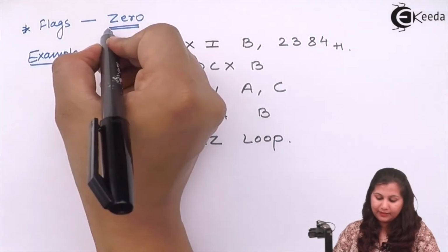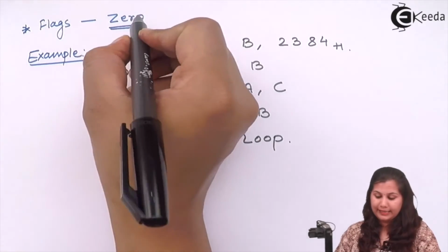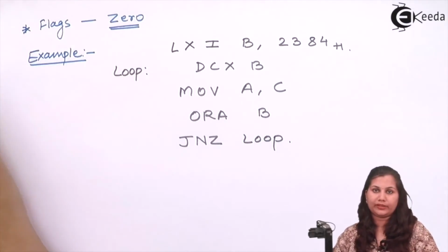As we have said, this zero flag is set only when the accumulator result is 0.